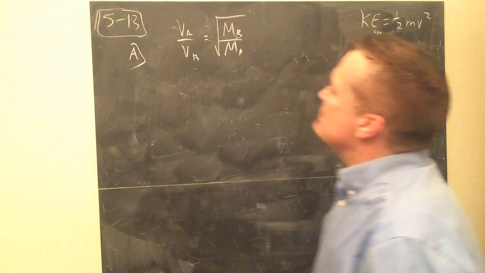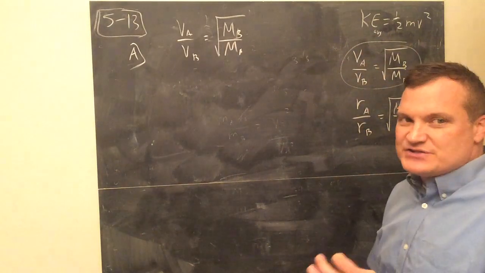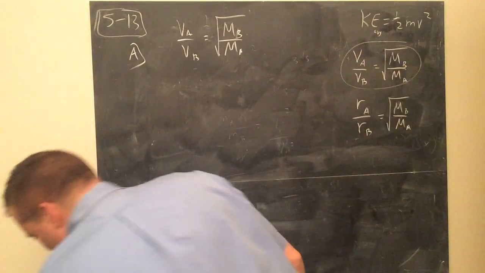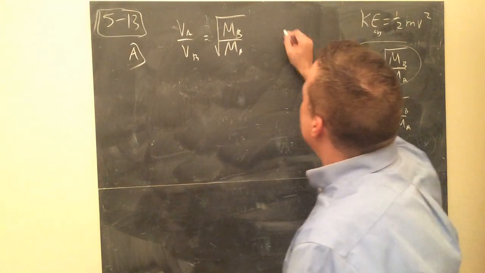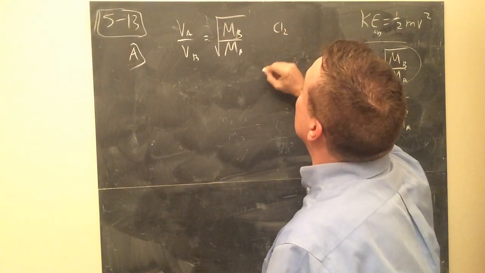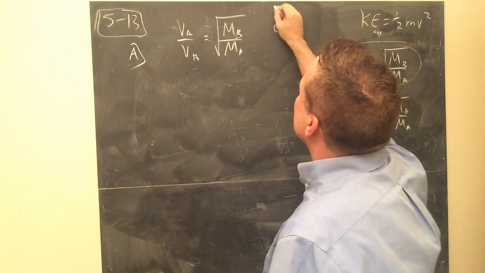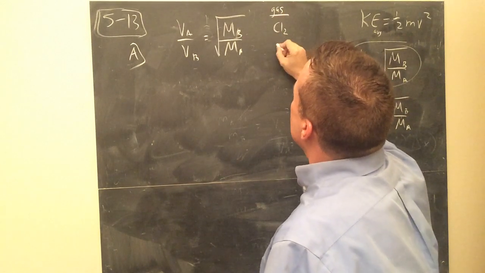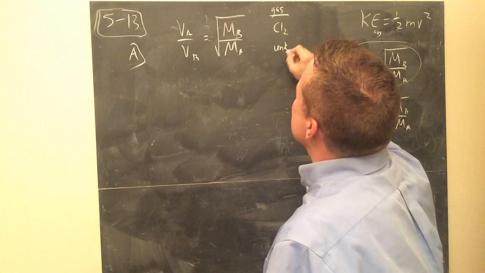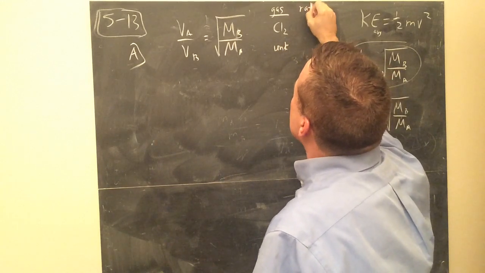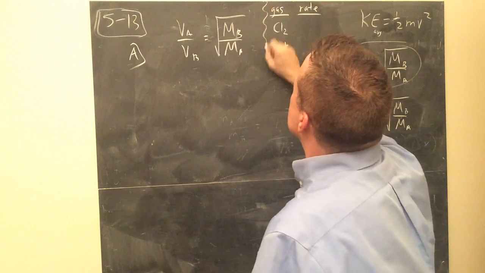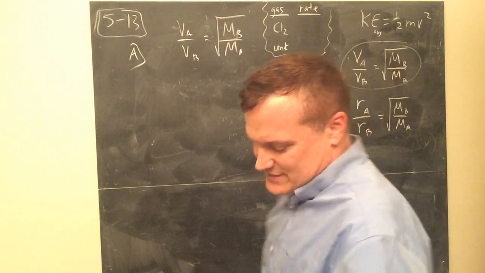Now, I like to customize this equation for your particular problem. So, we're comparing two gases, chlorine gas, and don't forget it's Cl2, and the unknown gas, we'll call it UNK. Now, the rate, we don't know this. This is just something you might want to write down to help you.